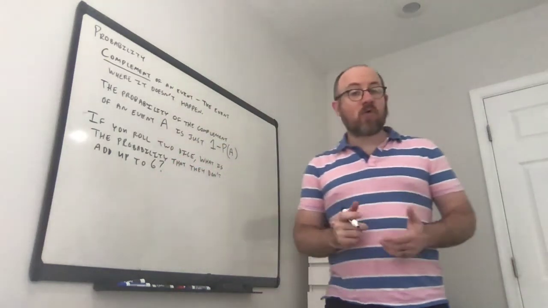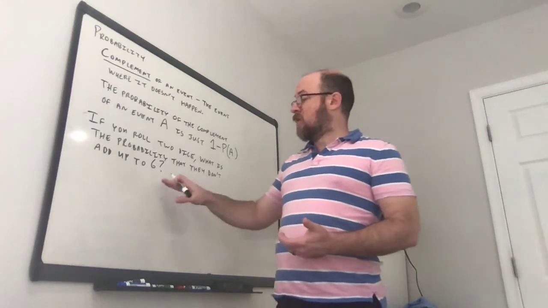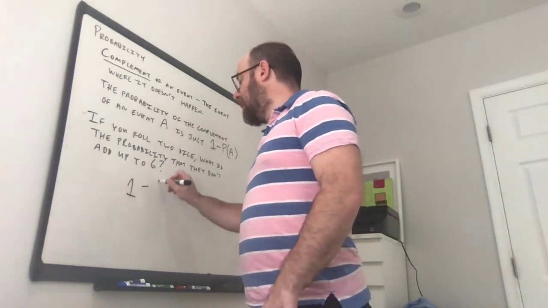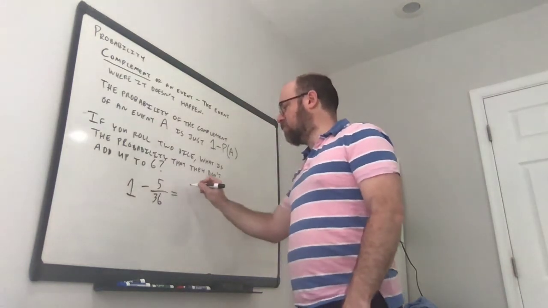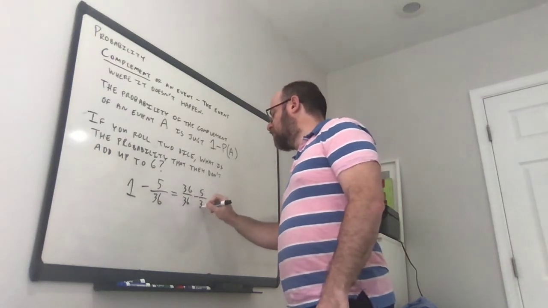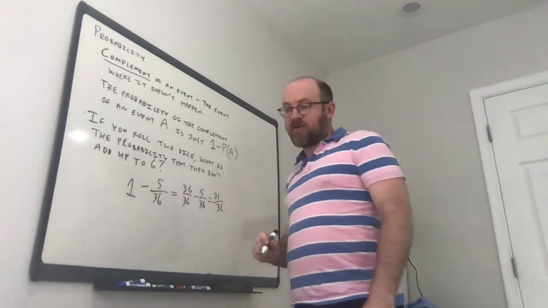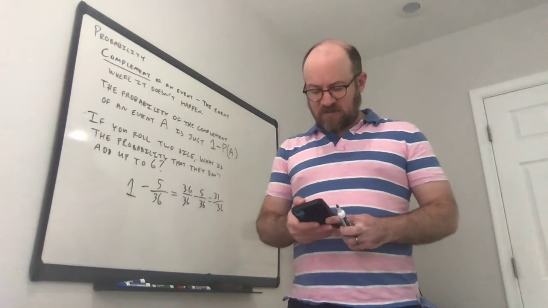Okay? So we already know the probability that they add up to 6 is 5 over 36. So the probability that they don't add up to 6 is 1 minus 5 over 36. And you can do 36 over 36 minus 5 over 36, 31 over 36.